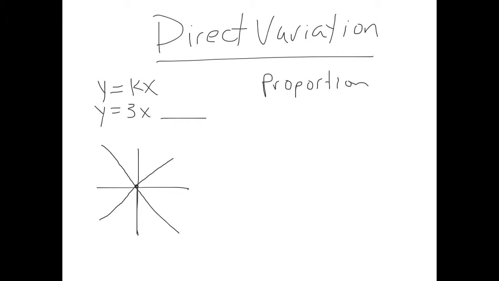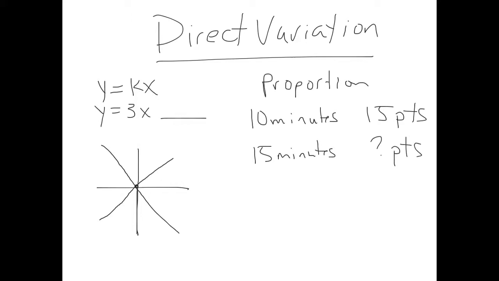let's just say that your points per game are directly proportional to the number of minutes you play. So if Mr. Ashcroft plays 10 minutes and scores 15 points in a game on Monday, and on Friday he expects to play 15 minutes, how many points can he expect to score?